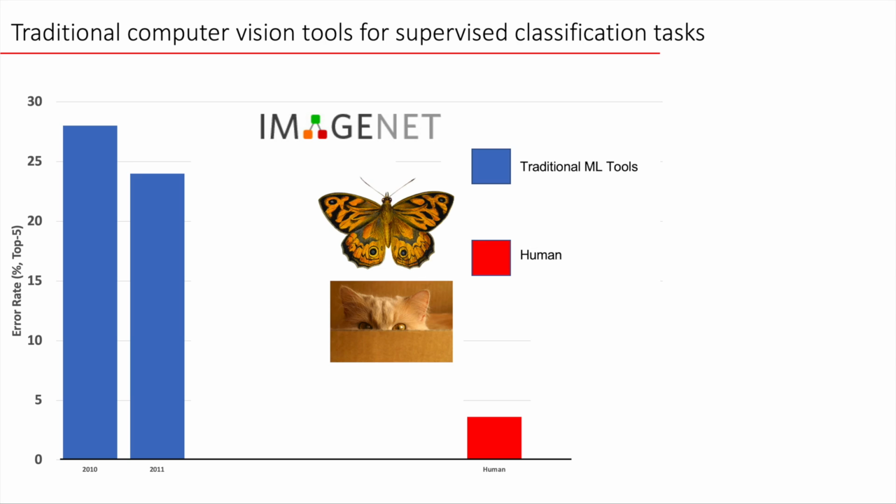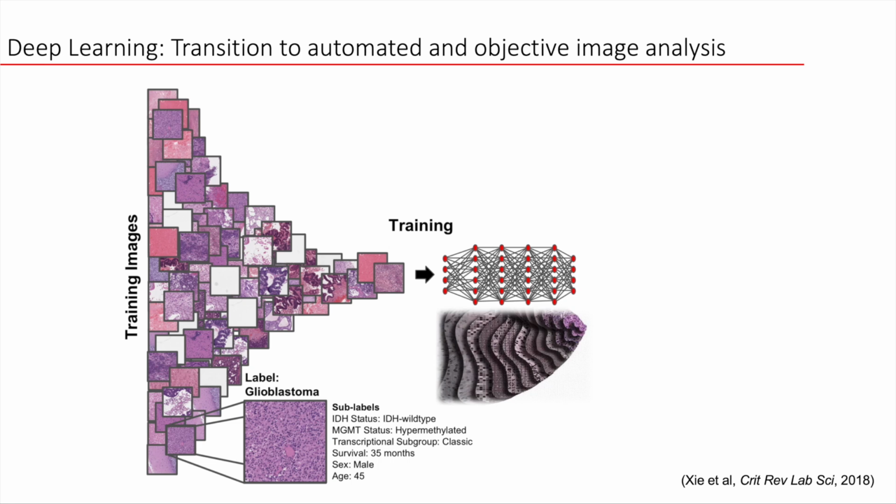And in fact, when you look at the error rates of the initial entries in 2010 when this competition started, there were high error rates of about 25% in the first 2 years. And just to orient yourself, a human doing this competition would make an error rate of about 3%. So these traditional tools, at least at the beginning, were very far off from what a human can do in this same task.